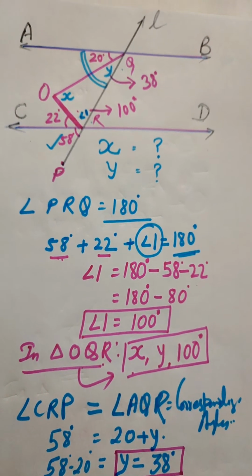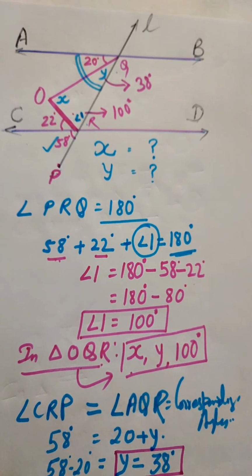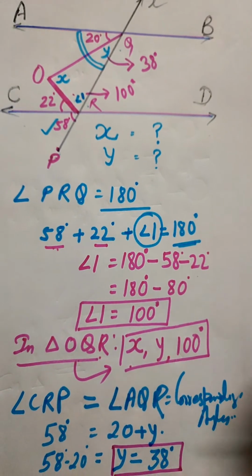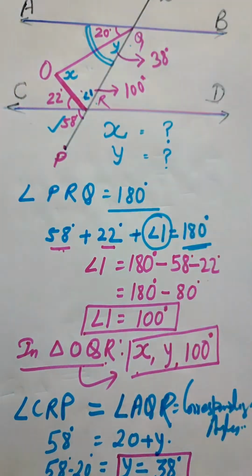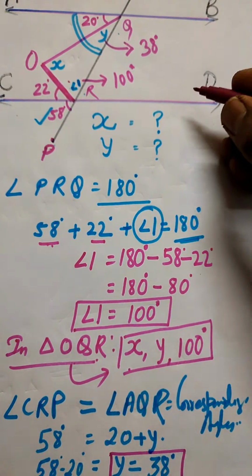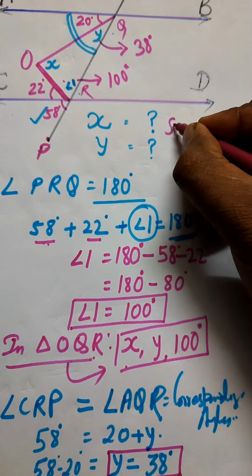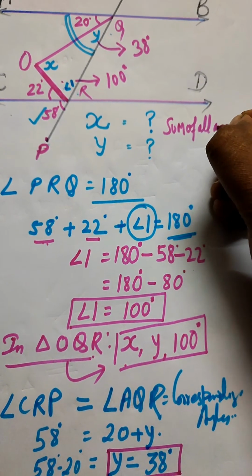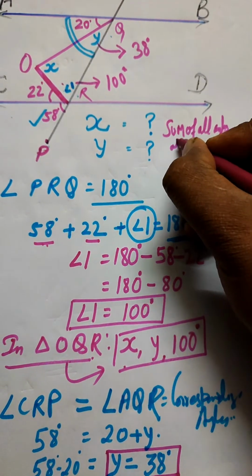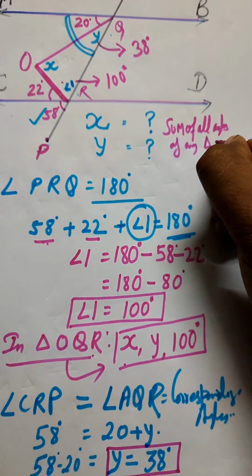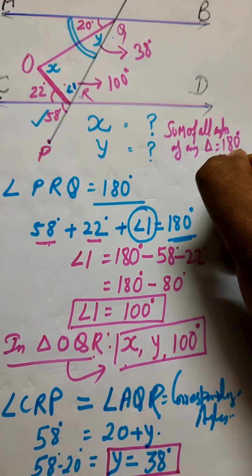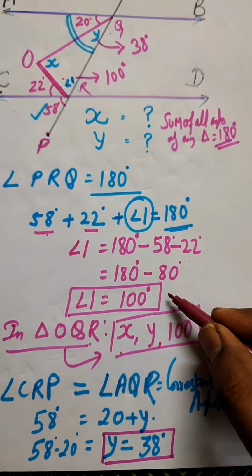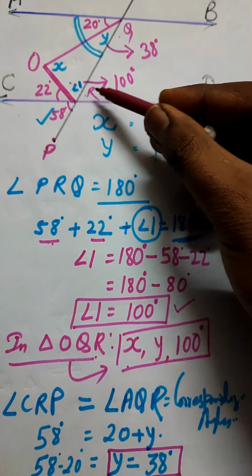Now only one unknown is left with us, that is x, and it is very easy to calculate the value of x. You know how? Because the sum of all angles of any triangle is equal to 180 degrees, right? Here we know the value of angle 1, that is 100.